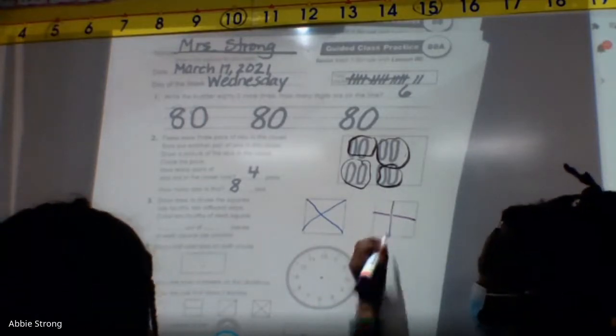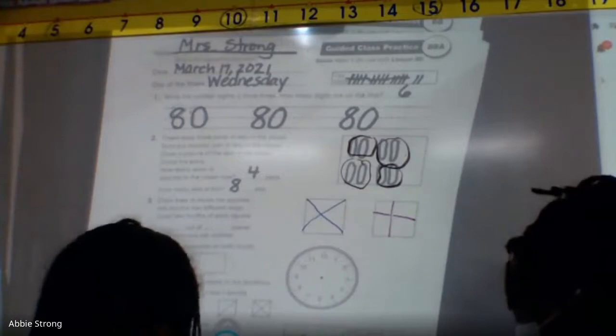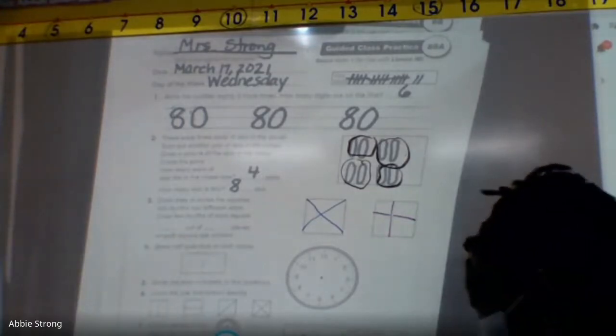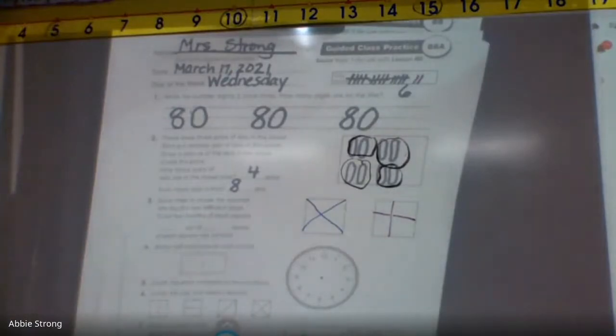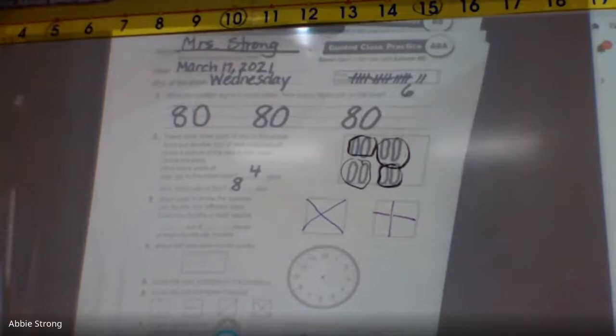Perfect. Absolutely. If you agree with these girls, say, yes, I do. Yes, I do. Perfect. Now it says color 2 of the fourths. I need somebody to color 2 of the fourths on the left square. Kaylee and Journey, you can do the right square.